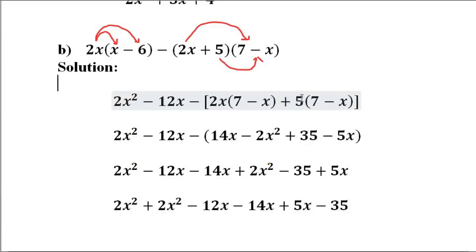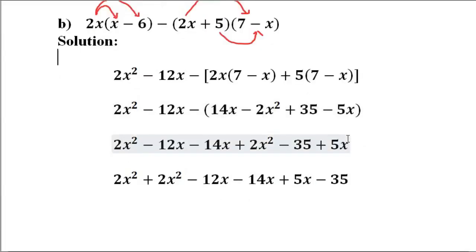And then we can distribute the positive 5 to the positive 7 and to the negative x. We have positive 2x times 7, positive 14x, positive 2x times negative x, negative 2x squared, positive 5 times 7, positive 35, and positive 5 times negative x, negative 5x.